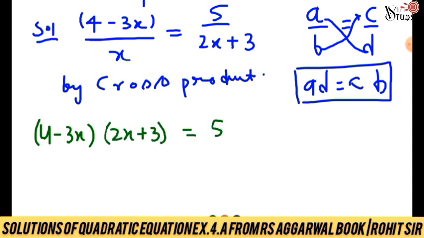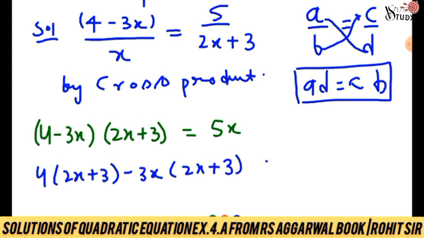Now we are going to multiply this 4 in this bracket and this 3x in this bracket, and this rule is known as distribution law over subtraction. So 4 is multiplied by 2x plus 3 and negative 3x is multiplied by 2x plus 3, and it will equal 5x.